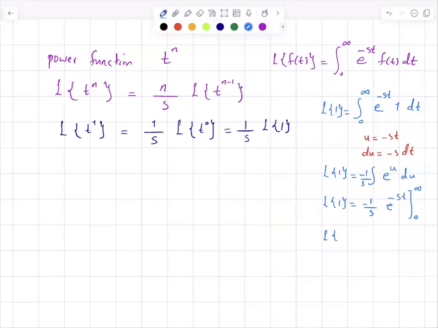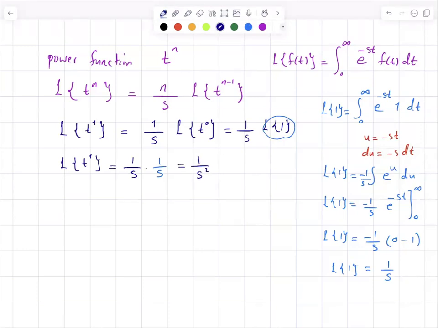If you plug in infinity, you get 1 over infinity, which is 0, minus 1. So the Laplace of 1 is 1 over s. So the Laplace of t to the first power is 1 over s times the Laplace of 1, which is 1 over s, and you get 1 over s squared.